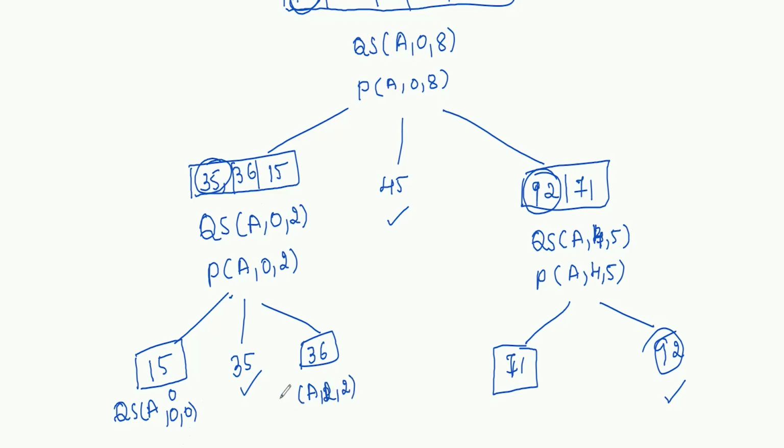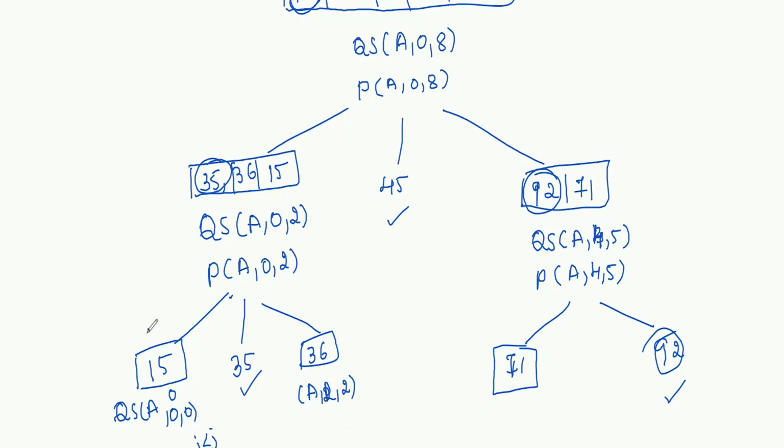Whenever you call this function, you can iterate with the algorithm and see that we are not going to go further. The initial condition itself is going to fail, where we check that i is less than j. So this itself will fail, which means we are going to get the j value as 0 itself. So whenever it is a single element, you need not go further. We can consider it as sorted.